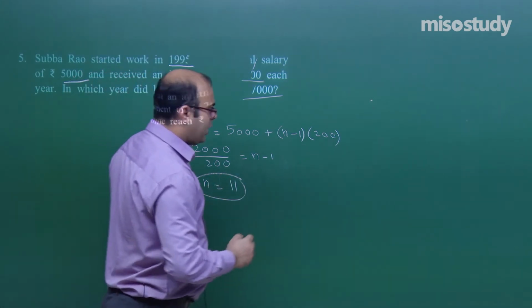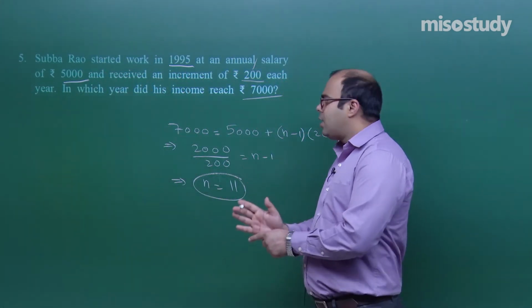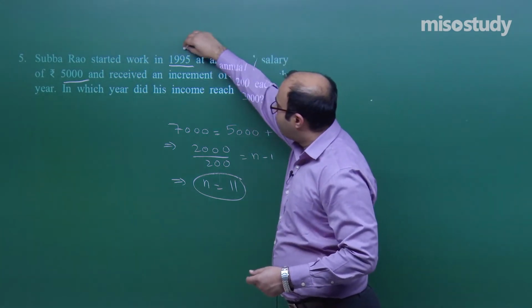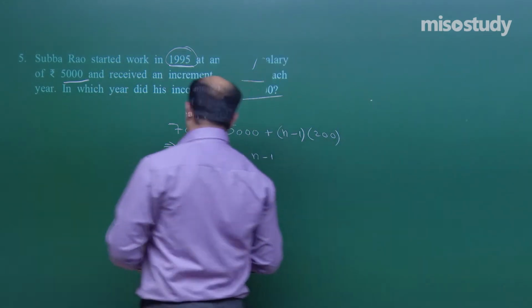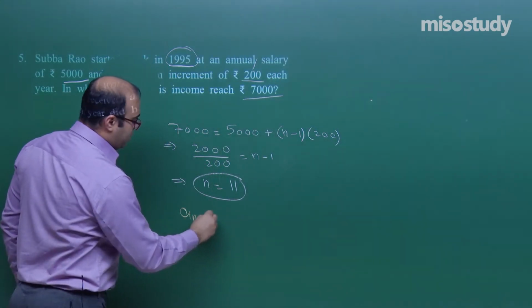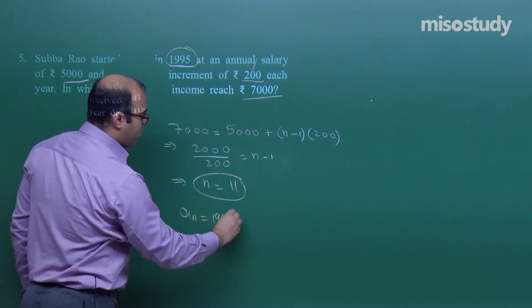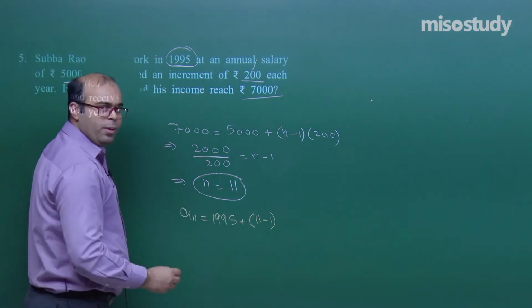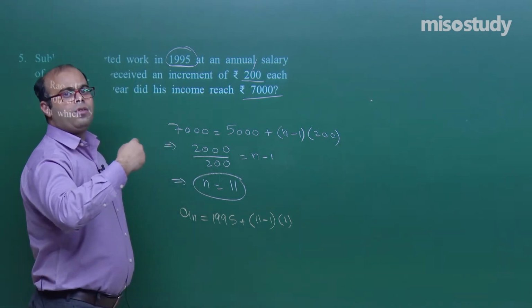So, what does this n equal to 11 mean? This n equal to 11 means that in the 11th year his salary will be rupees 7,000. So, the first year was 1995, what will be the 11th year? Again, we apply AP. Let us suppose the 11th year is an, first year is 1995, plus number of years are 11, so 11 minus 1, common difference is 1 because each consecutive year has a difference of 1 year.